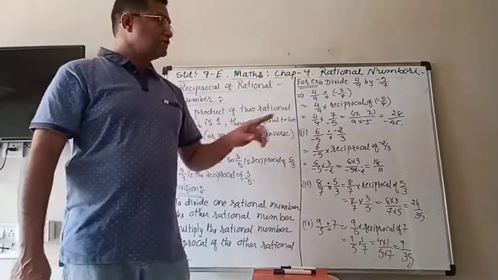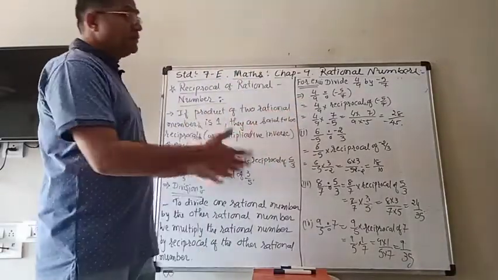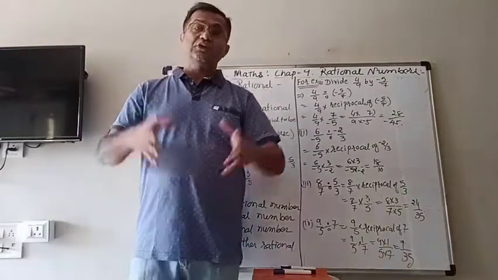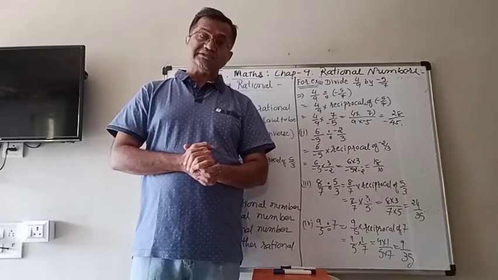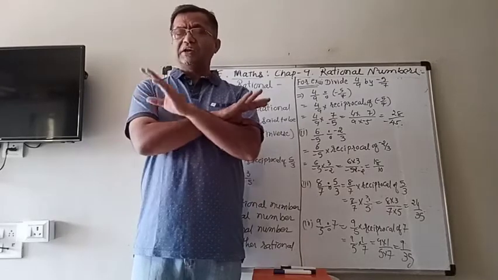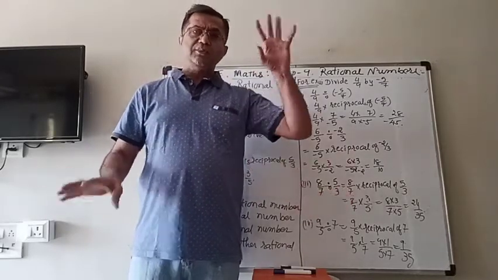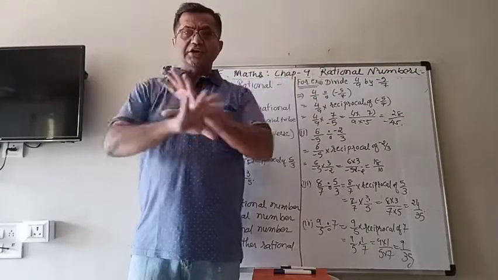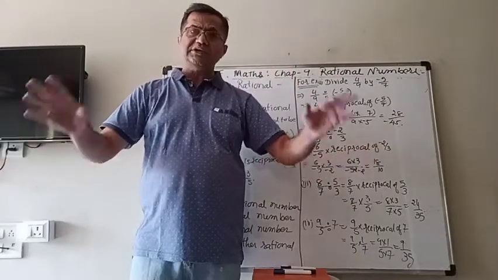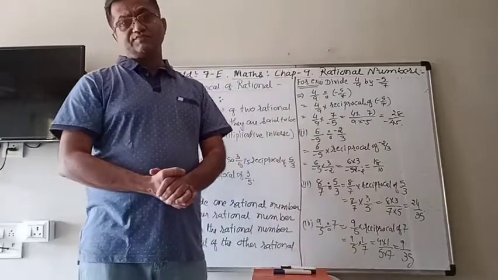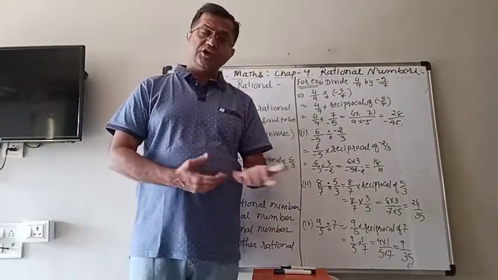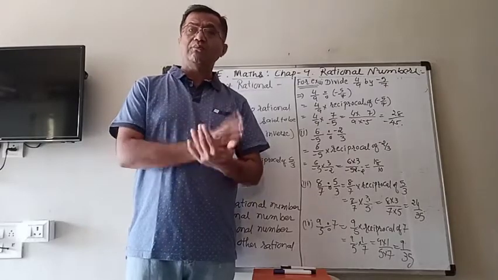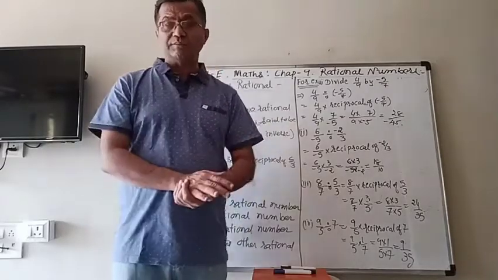Sometimes students are confused, and in multiplication also they make the denominators the same by taking the LCM. In multiplication, it is very simple. Numerators are multiplied with numerators, denominators are multiplied with denominators, and then write down the answer. In this, there is no LCM needed, because we don't have to make the denominators equal.